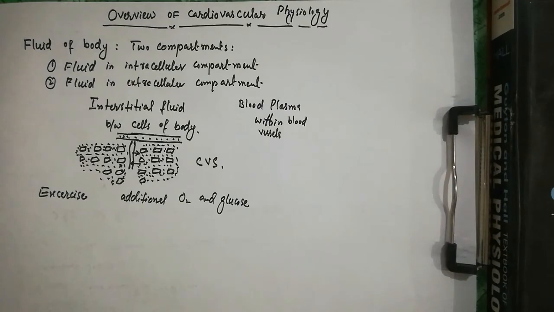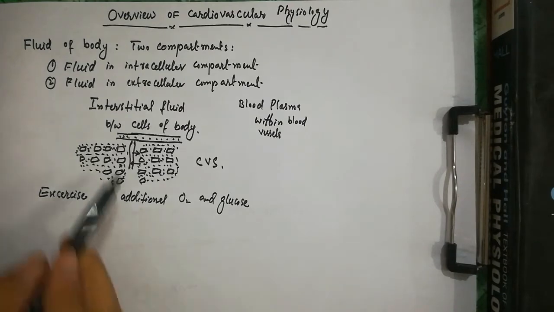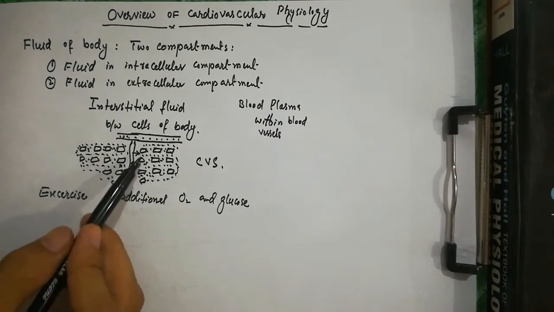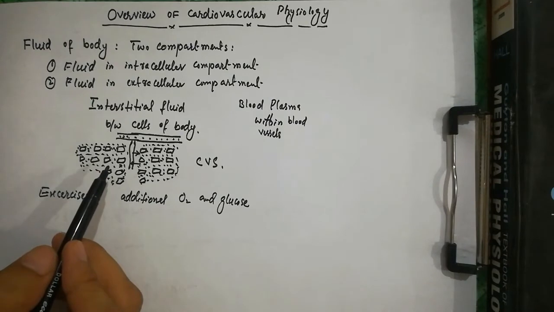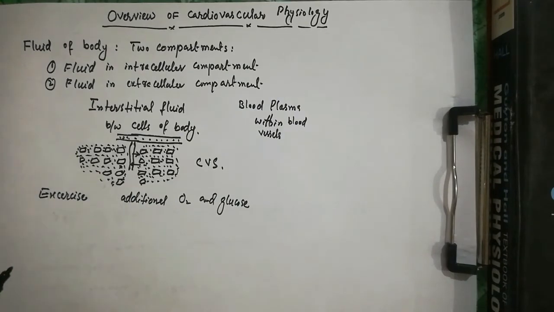So the cardiovascular system must be able to adjust the rate at which plasma is circulated around the tissues and to redirect the flow of plasma to the places where it is needed most, for example, towards the contracting muscle in case of exercise.